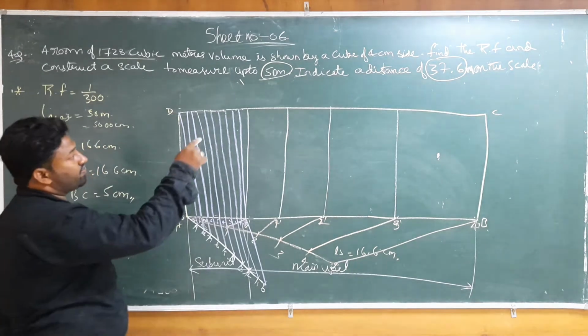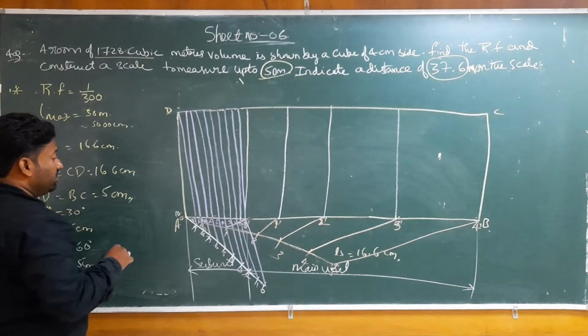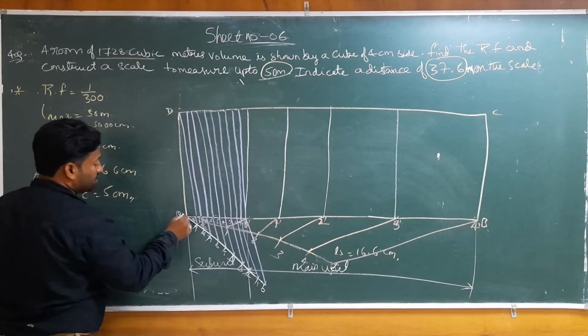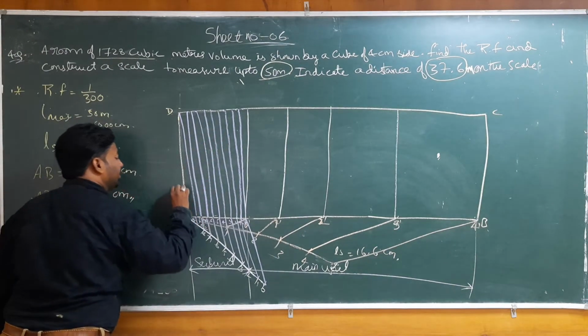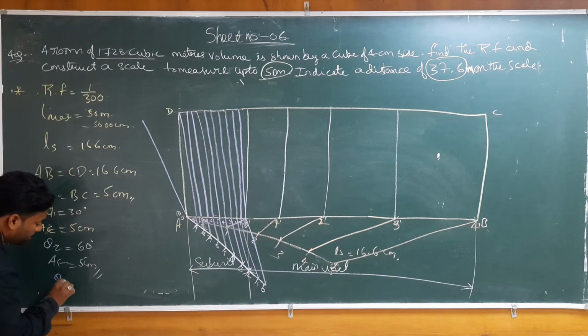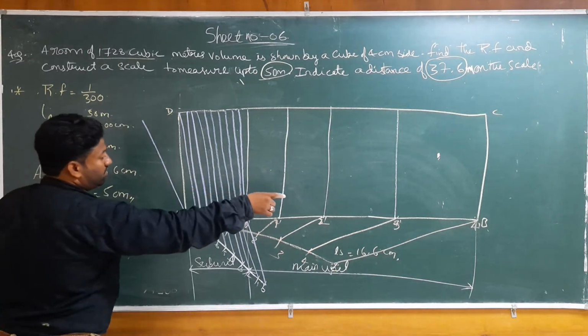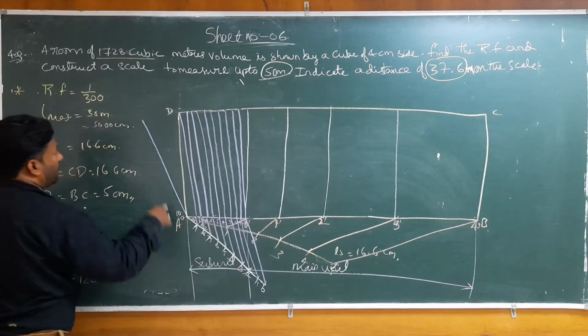Now finally I have to represent the further unit. To draw the further unit, I have to draw one more inclined line here by making an angle theta 3. Theta 3 is equal to 120 degrees to the base, that is angle BAG.